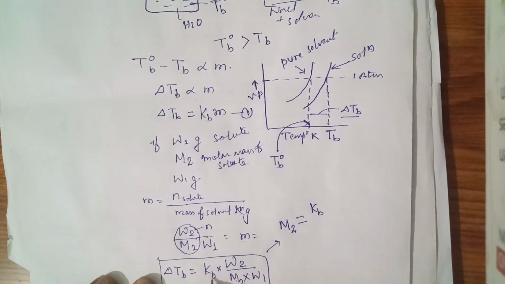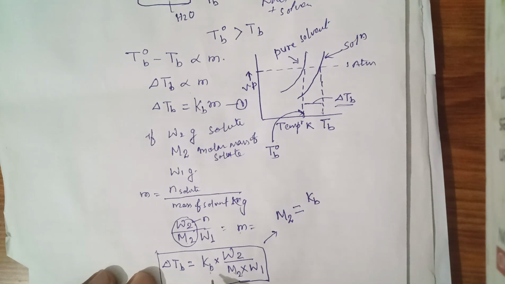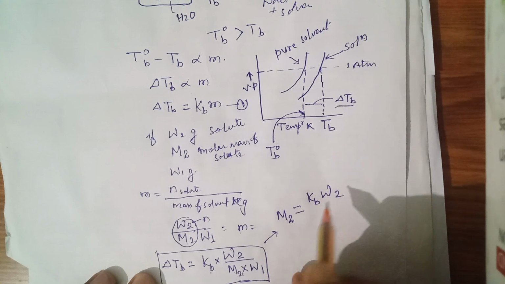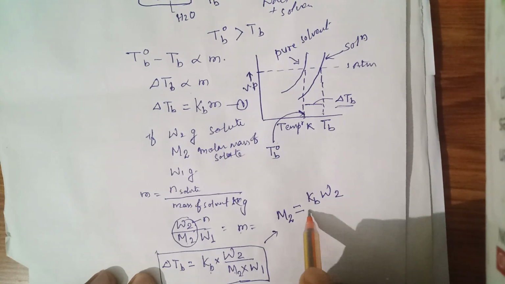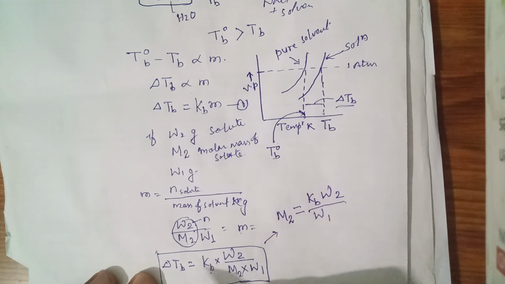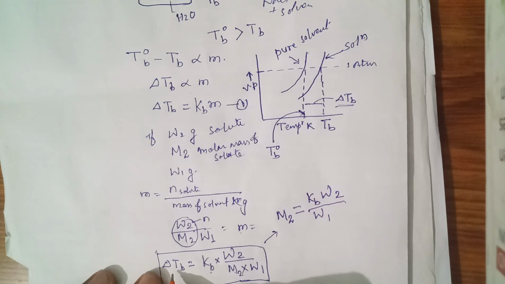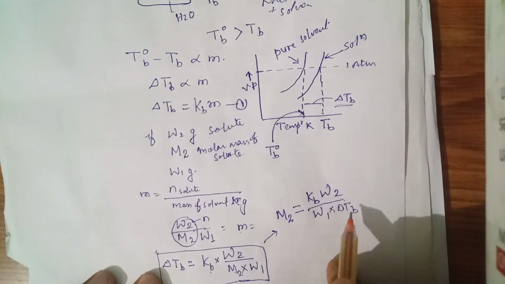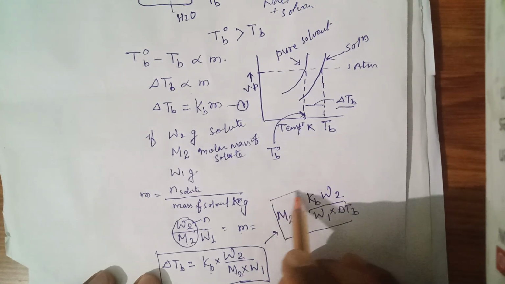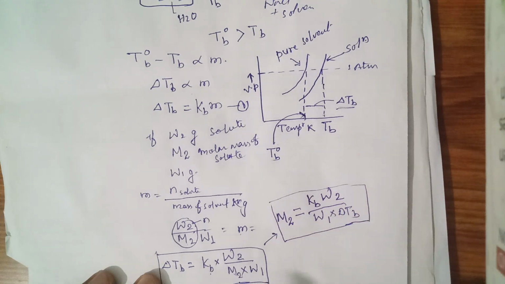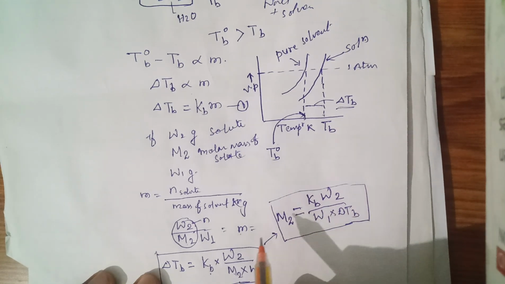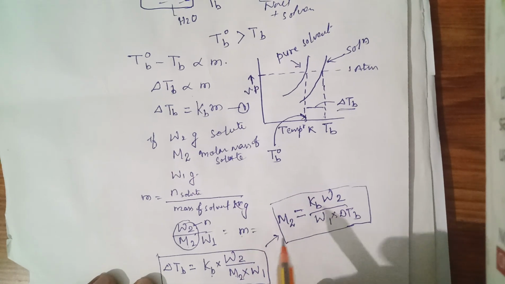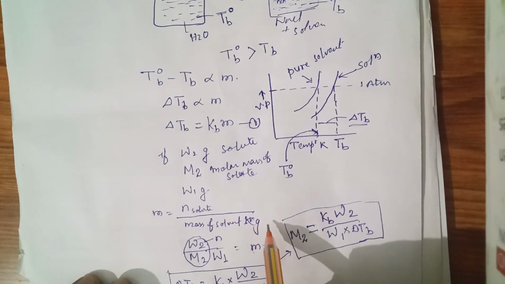Kb is retained, we put W2, and since delta Tb is there, we put delta Tb in the denominator. This is the way in which we can find the molar mass of the solute by using this formula. So this is all about the elevation in boiling point.